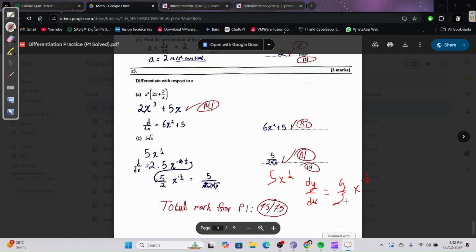Now, remember, you take this down so we can make this positive. 5 over 2, x to the power of 1 over 2. Okay, now again, anything to the power of 1 over 2 is going to be root x. So it's just going to be 5 over 2 root x. This is your final answer here. And this is the end for part 1.